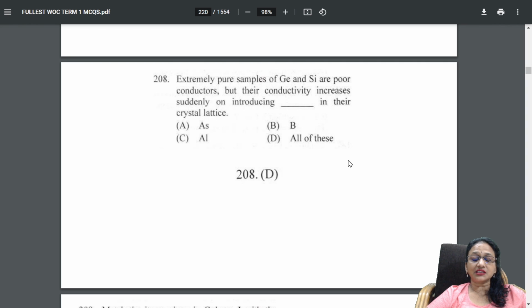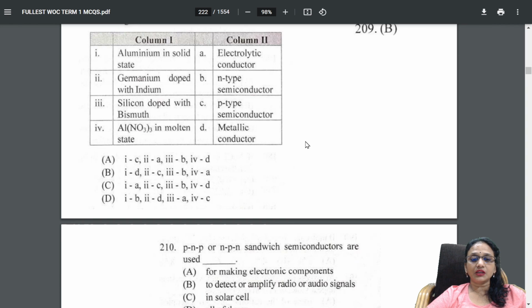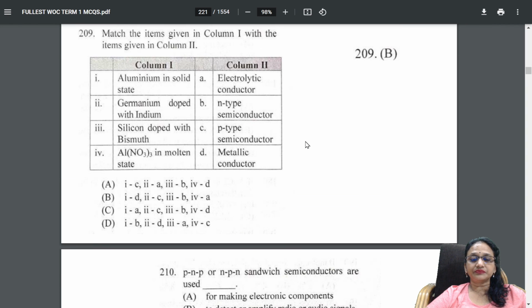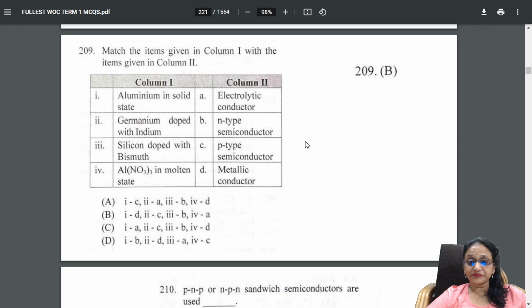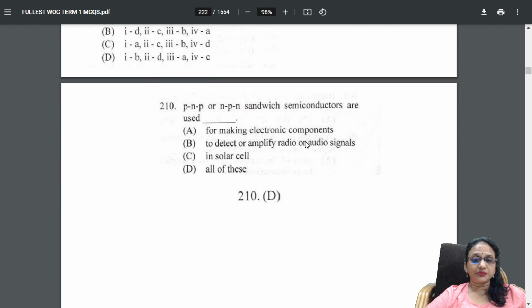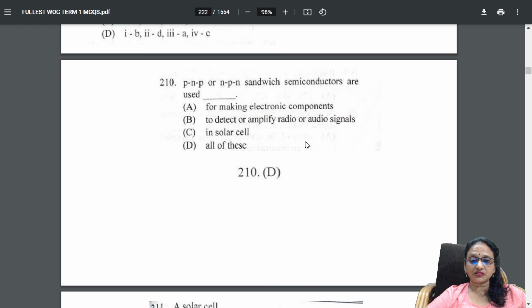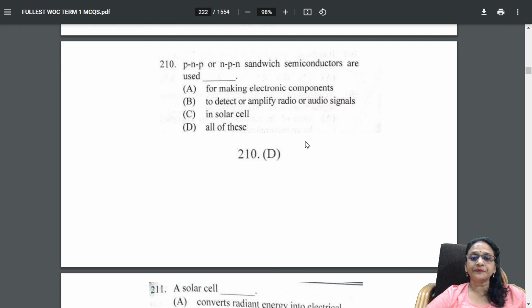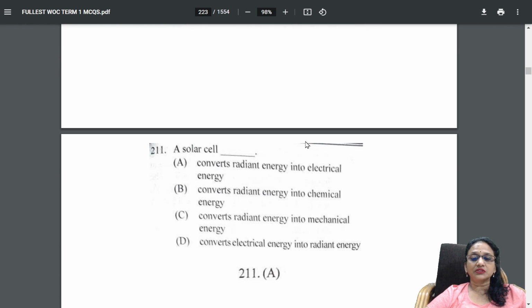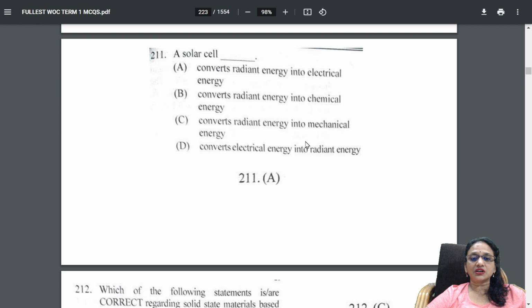That is what is asked in terms of examples. This is one more question for semiconductors. This is again the PNP junction, sandwich semiconductors. This is for state board students only, ICSE students also. This is a question about solar energy, what it converts.